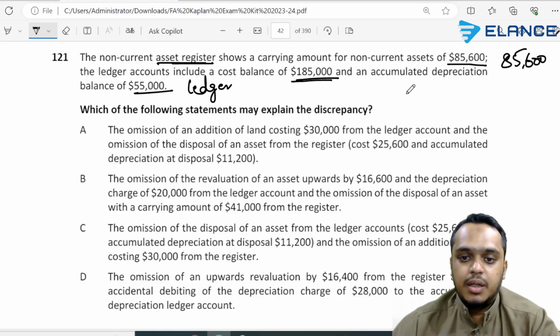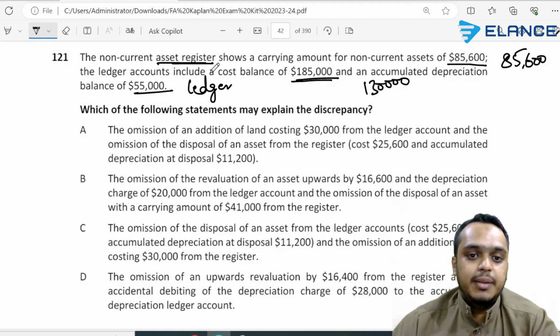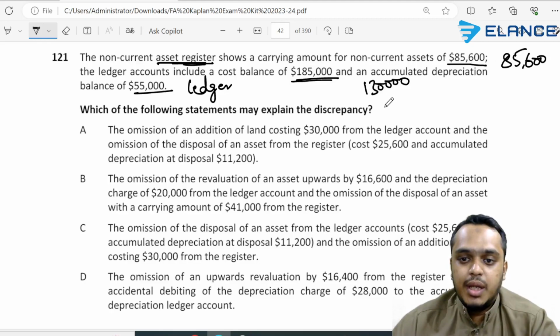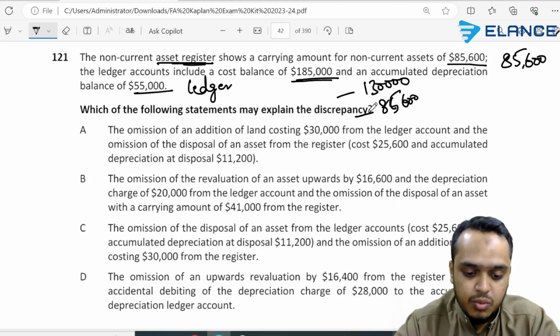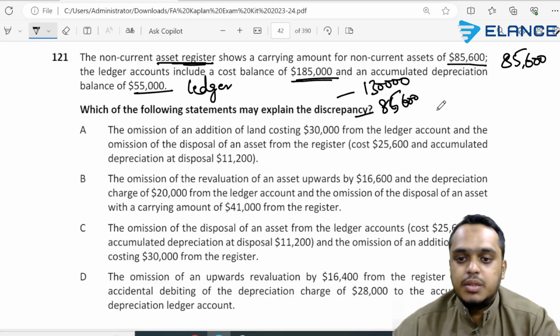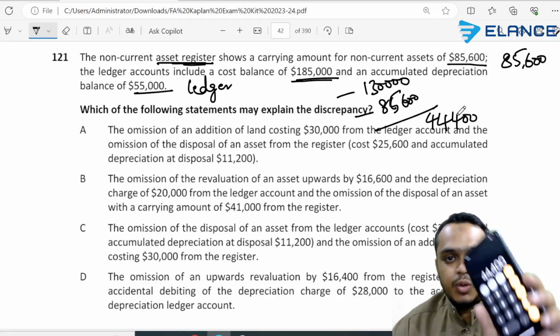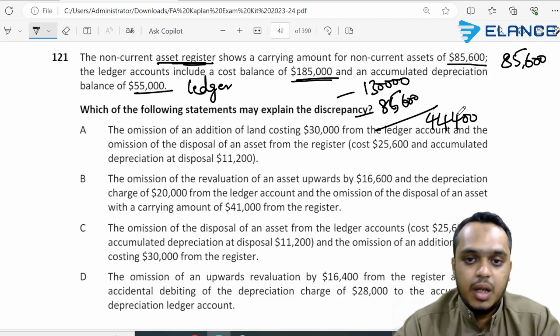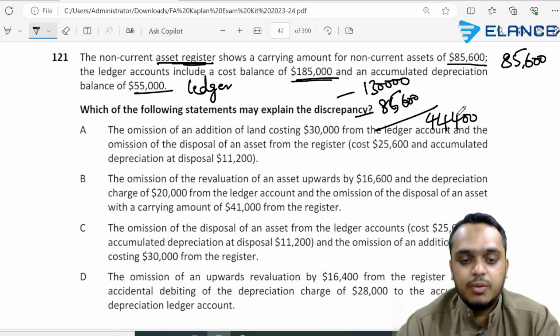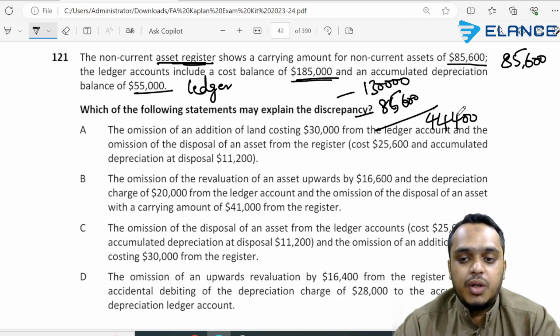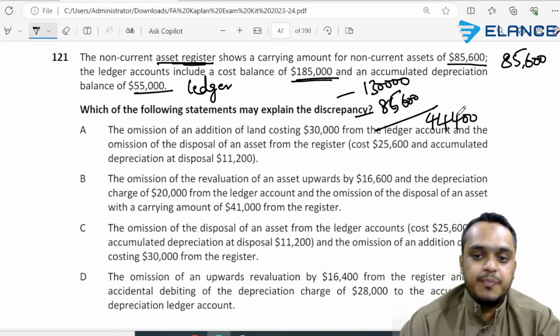It is $130,000. So basically my register is showing 85,600 and my ledger is showing 130,000. So the difference between the two is 44,400. I'm doing it on a calculator, guys, and I hope everybody is also doing it on a calculator. Now this 44,400 is a difference.